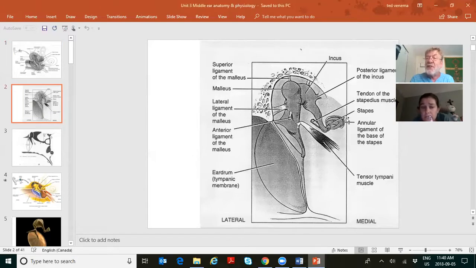Okay? And here's the stapes bone. And here is the stapedius muscle. Okay, tendon of the stapedius muscle. So you have the stapedius muscle and the tensor tympani muscle. And these two muscles are innervated by the 7th cranial nerve and the 5th cranial nerve.